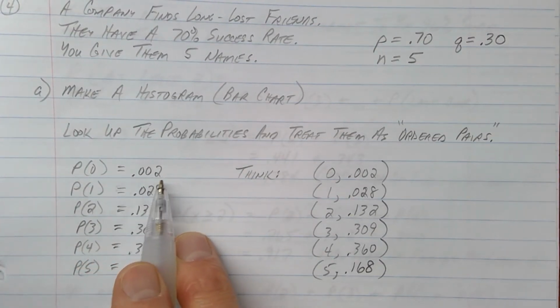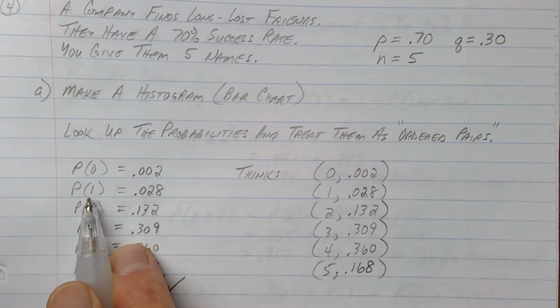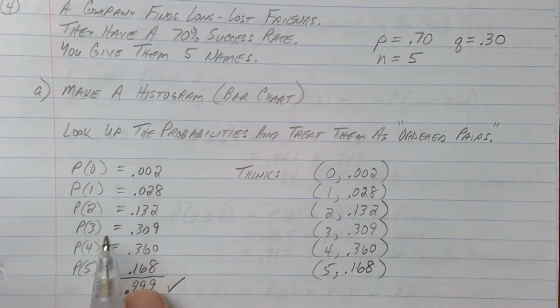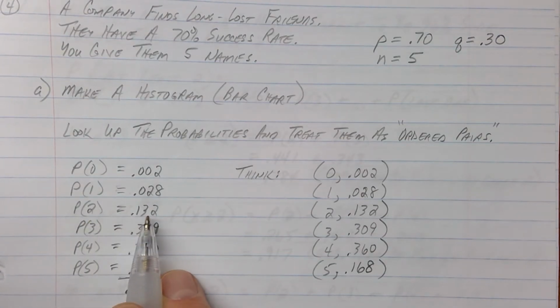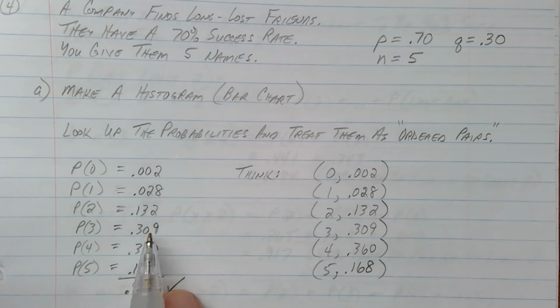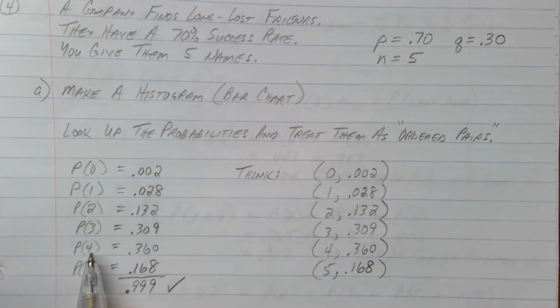Probability of them finding 1 out of 5 is about 3%, 0.03 roughly. Probability of 2 out of 5, about 13% chance they'll find 2 of my 5 friends. There's about a 31% chance they'll find 3 of my 5 friends. There's about a 36% chance they'll find 4 of my 5 friends. And there's about a 17% chance they'll find all 5 friends.